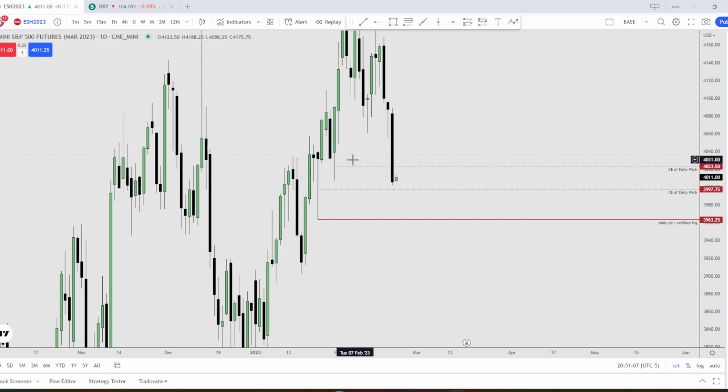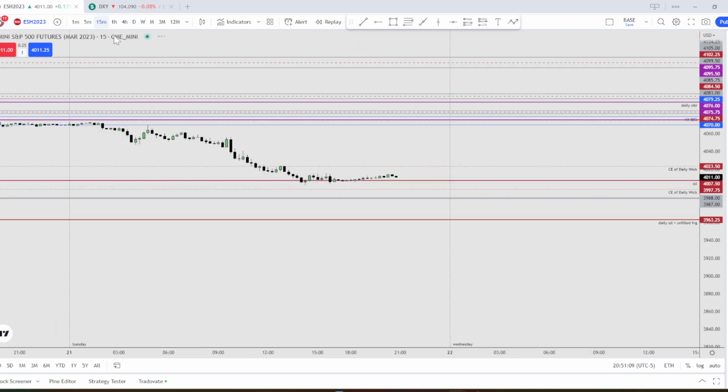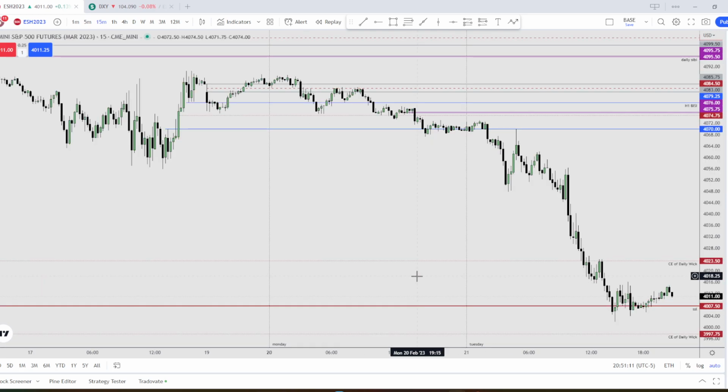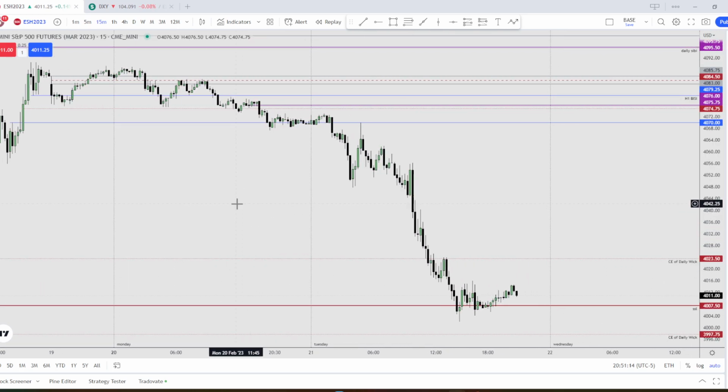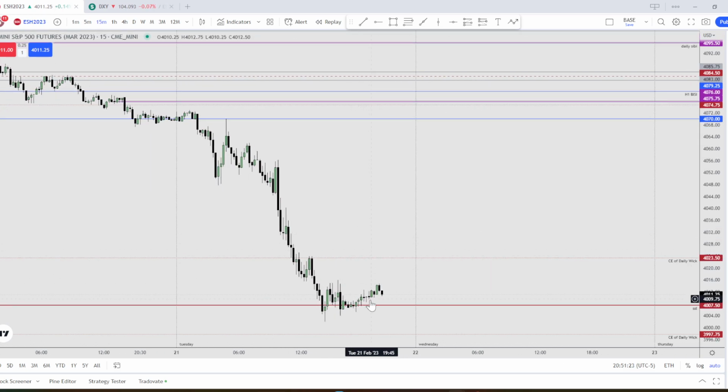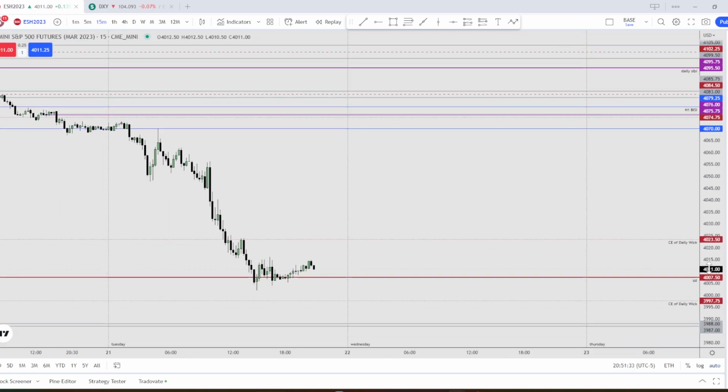So what does that mean? Heading down into the 15-minute chart, as you can see from Monday, the price just dumped all the way into Tuesday, and then midweek decline, meaning I'm gonna see some retracements up during Wednesday into some form of fair value gaps or buy side liquidity, and then after that we're gonna resume downtrend. That's what I'm expecting.